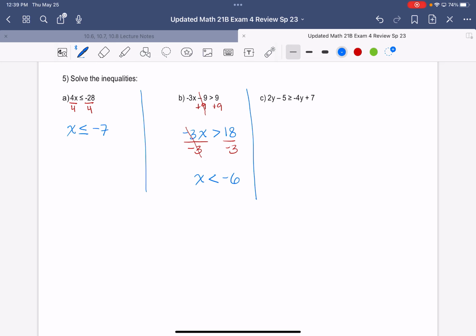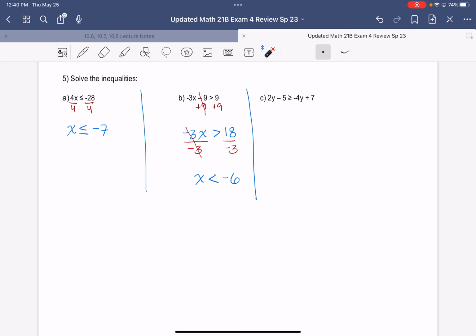Okay, we got one more inequality problem. Notice this time that we have y's on both sides of the inequality, and you want to get them to the same side. So remember when we solved equations and the variable was on both sides, did it matter what side you got it on?